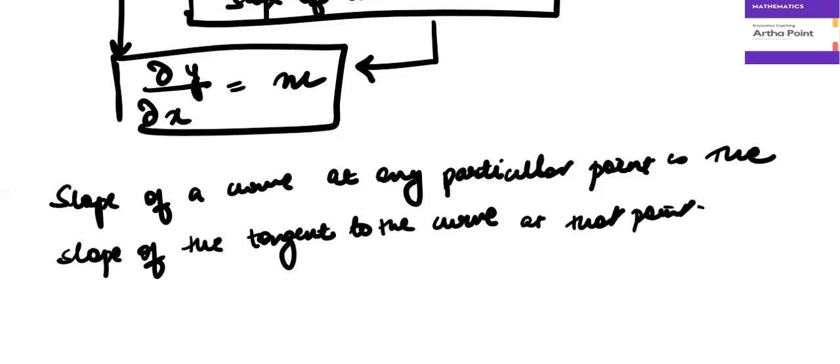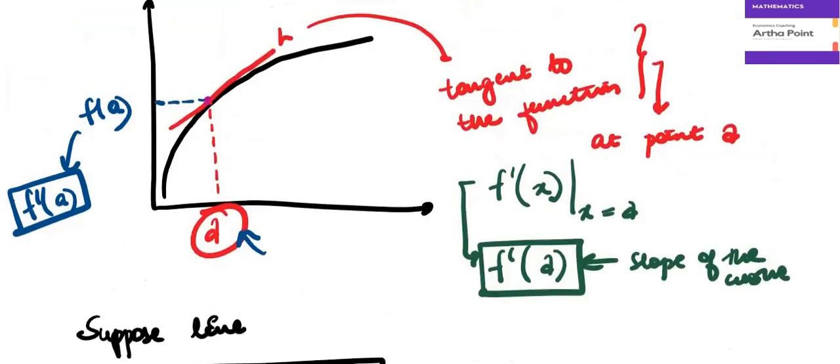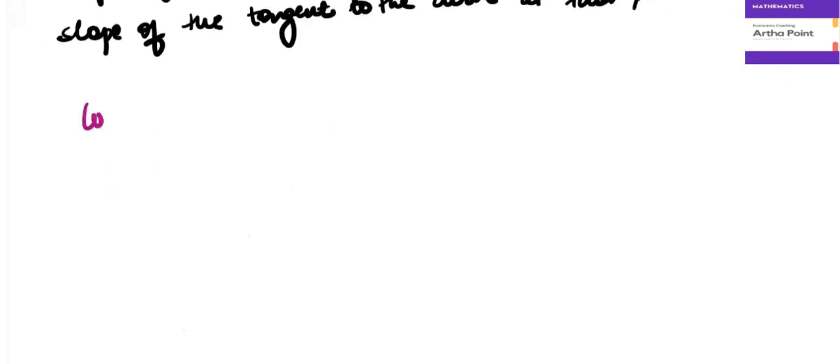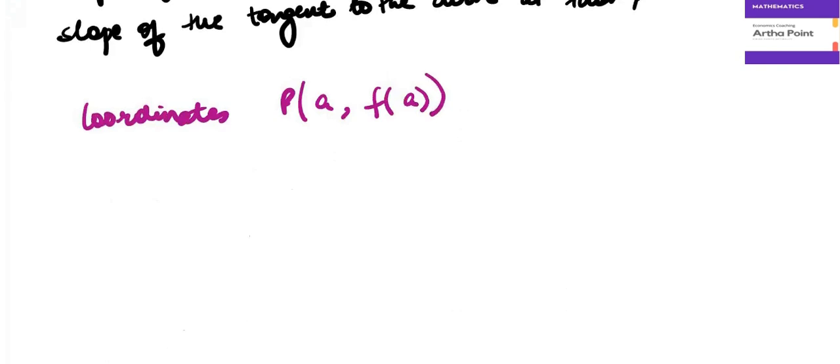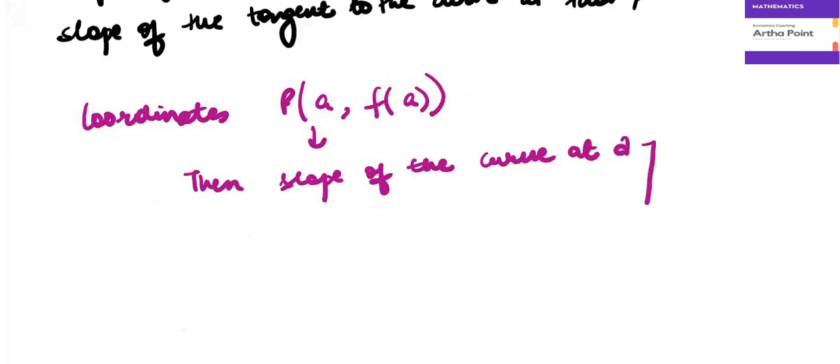So what we are saying is, you find the slope of the line, and whatever is the slope of the line at A, that becomes the slope of the curve at A. So let's consider the same figure, and let's say this is the point P, and the coordinates of this point P are A, f of A. Then I can say that the slope of the curve at A is nothing but the slope of the tangent.